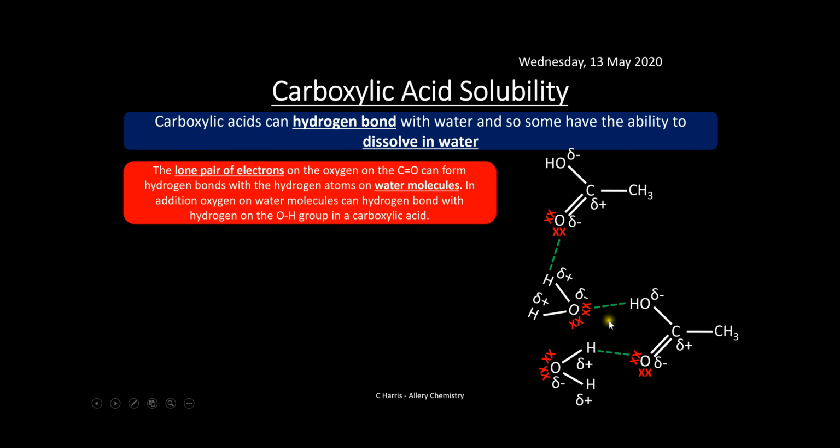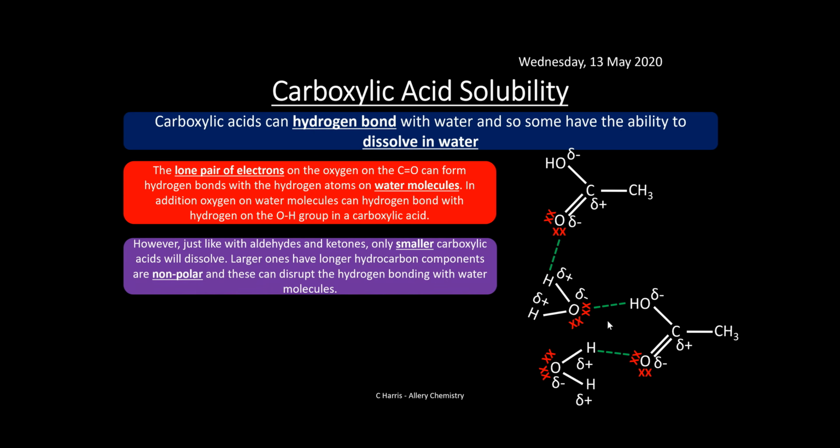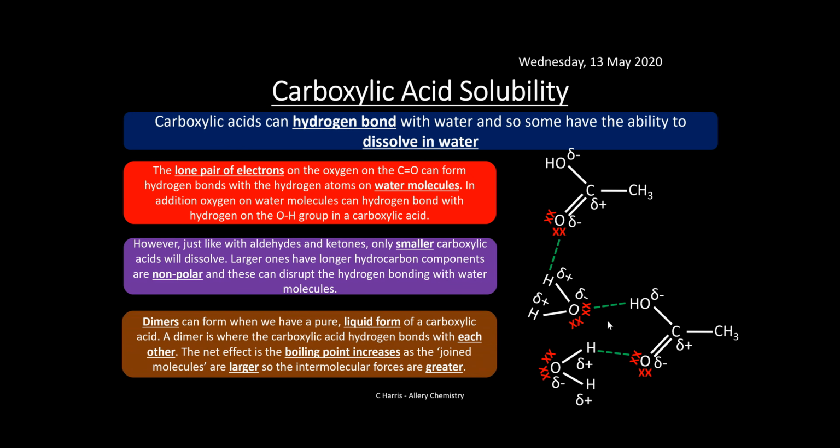So we still have this hydrogen bonding ability. Just like with aldehydes and ketones, only smaller carboxylic acids will dissolve. The larger ones have longer hydrocarbon components which are non-polar, and this can disrupt the hydrogen bonding. So the same rules apply, there's nothing new here. We're just adapting it to a different molecule.